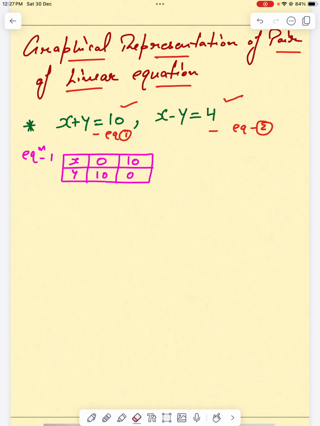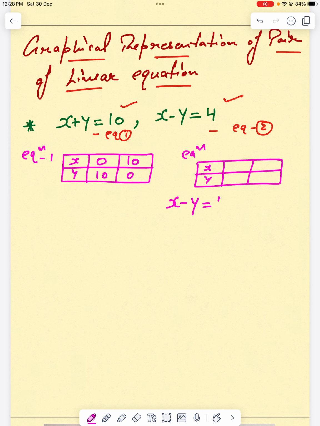So this is the way to find the solution of any linear equation. Similarly, for equation number 2, make the same table like this and find the value of x and y at any assumed value of x or y. If I assume the value of x is 0 first, then what will be the value of y?